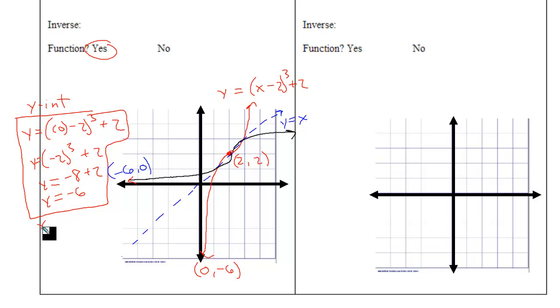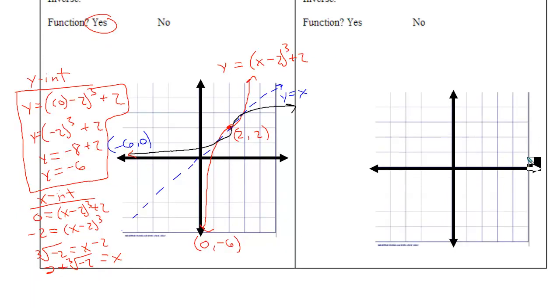The x-intercept for the red function, I'm using red for the red function: put 0 in for y and get x by itself. If I subtract 2 from both sides, and then cube root both sides, and then add 2 to both sides, I get 2 plus the cube root of negative 2.